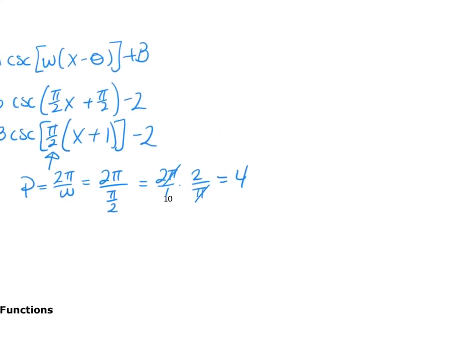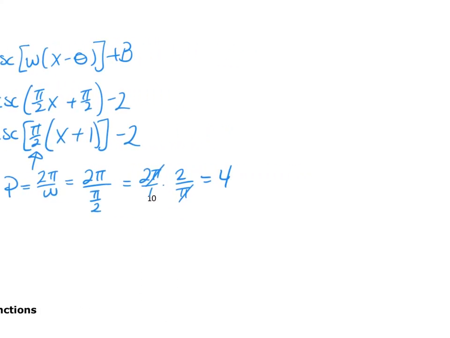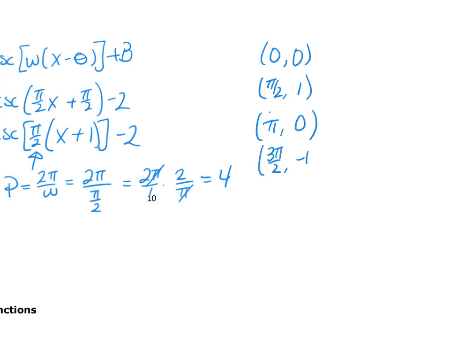So the first thing I'm going to do is think about the sine. So I actually do the key points on sine. My key points on sine start out with 0, 0. And the next one is pi over 2, 1. Then pi, 0. 3 pi over 2, negative 1. And 2 pi, 0. On my cosecant wave, right here, here, and here are my vertical asymptotes.